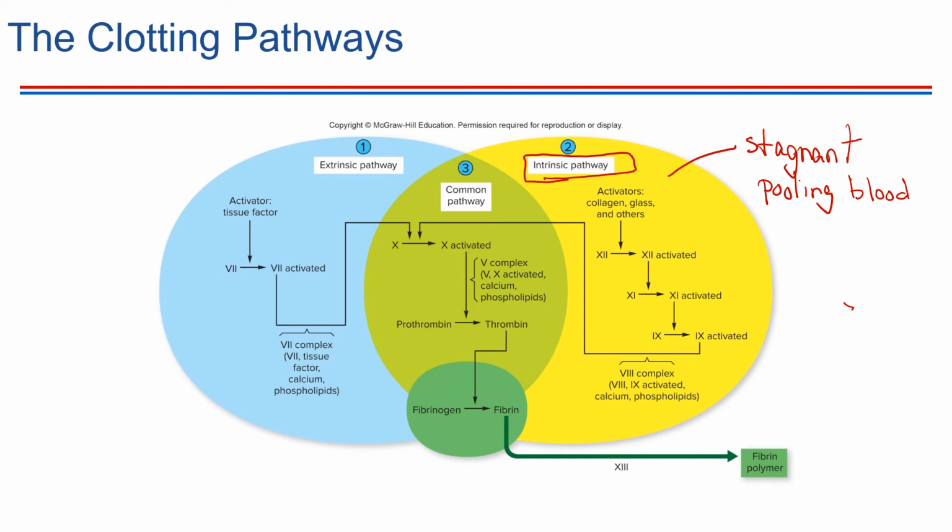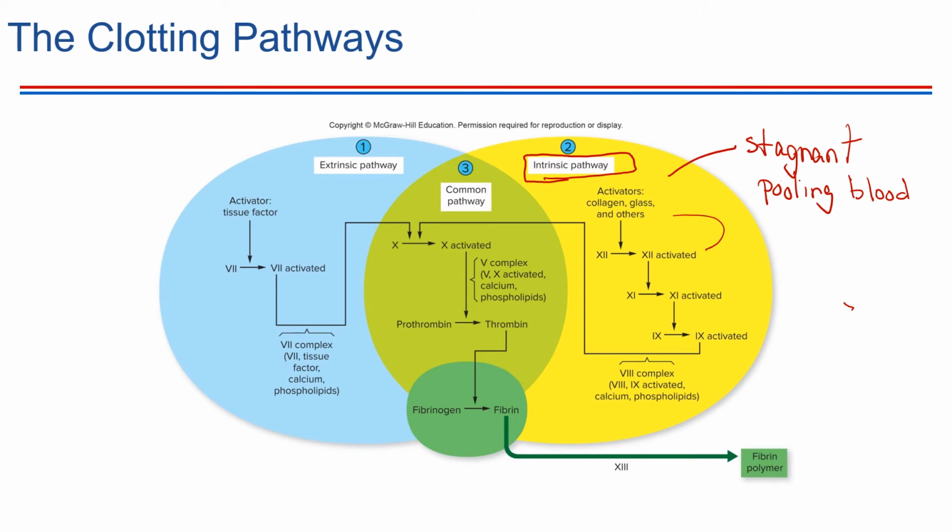And that clot could be deadly, because if that clot breaks free, that can go to your lungs, and then all of a sudden you have what's called a pulmonary embolism, and you die because you can't breathe. So that's kind of a, not exaggerated, but an example of how this intrinsic pathway can cause a clot without having any injury or insult.